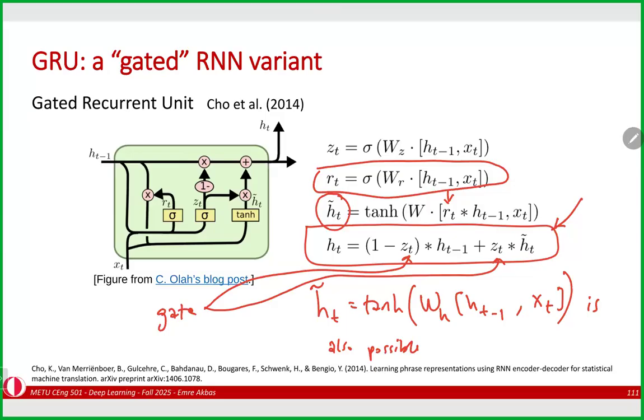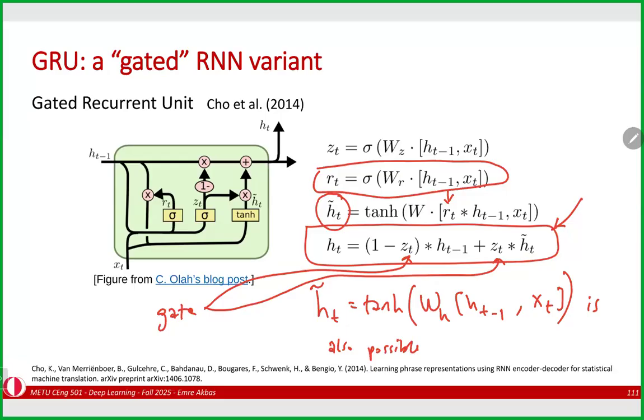And this gate is able to pass the previous state intact, as in residual networks. So when you do this, it mitigates the vanishing gradients problem because it can pass the previous hidden state to the next stage without changing it. Okay, it doesn't have to make repeated multiplications.